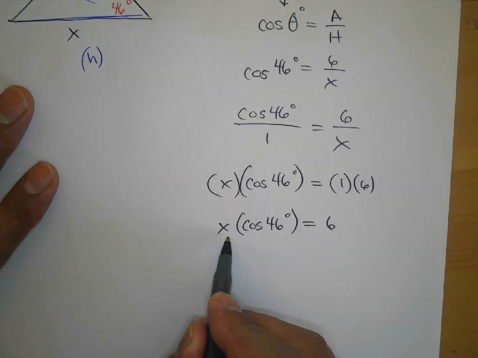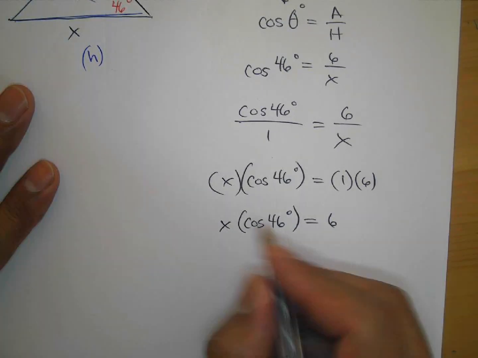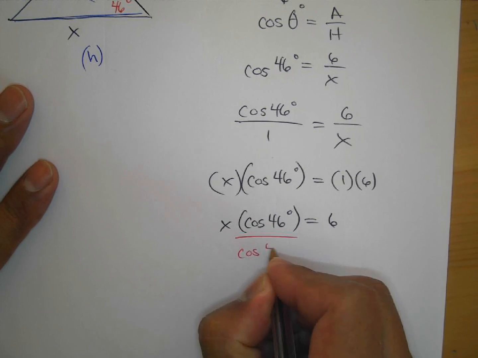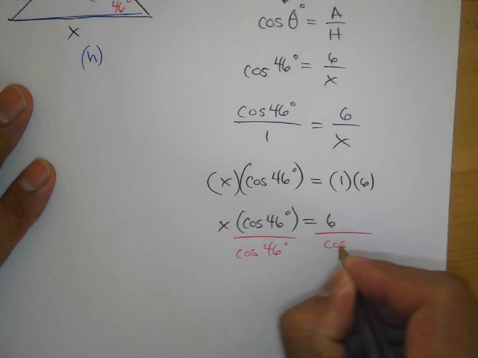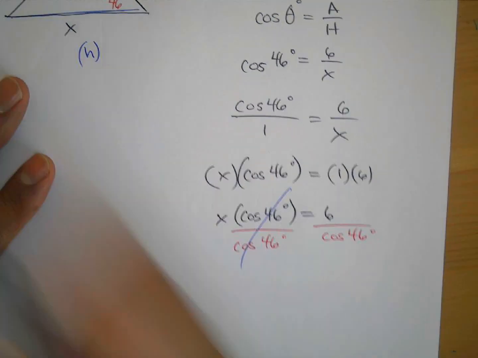And we're trying to get x by itself, right? We don't want this here, so we have to what? Divide. Divide by cosine 46. Here we get x by itself.